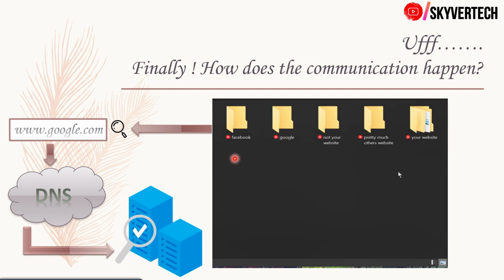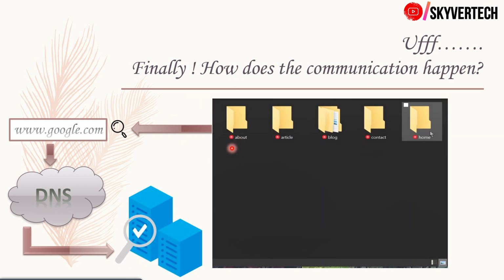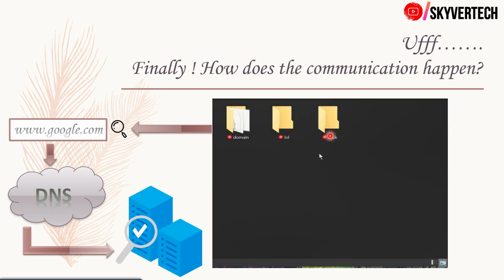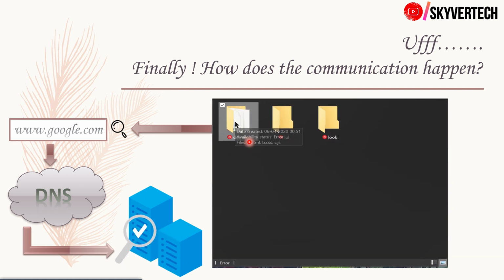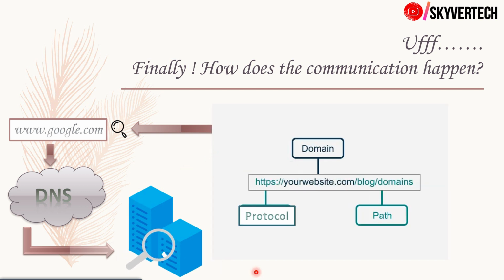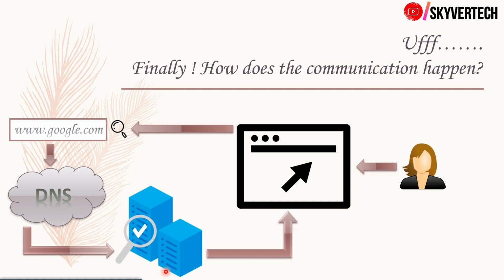Inside that there are many folders, that is, there are many websites in it, Google, Facebook, etc. It opens your website and then goes to blog, then it goes to domain. In this domain there are HTML, CSS and JS files. Now it just wraps up this folder and sends it back to the user. So now the server has found the packed file of google.com and it sends it back to the user. After these files are loaded, you can now view the Google website.